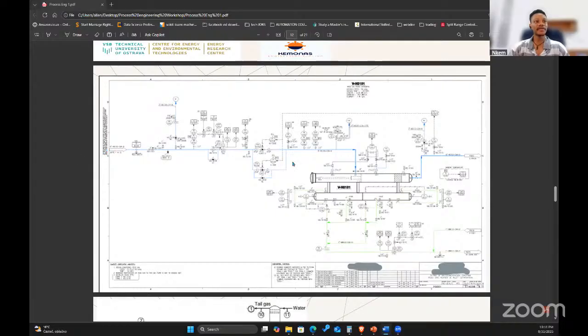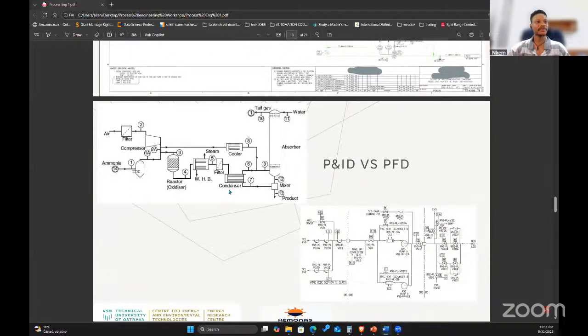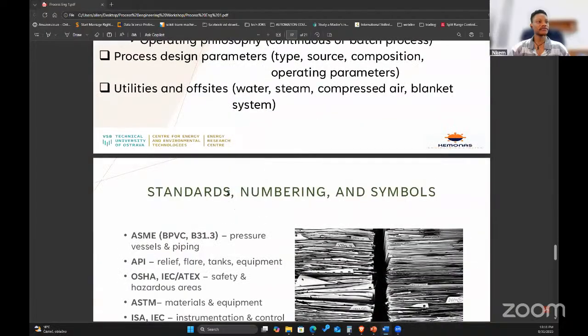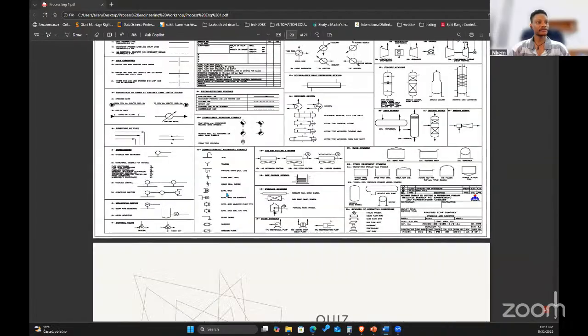There are drums, knockout drums that are going to knock out heavy fluids and moisture before it comes into this coalescing filter. Like I said before, it is a filter. So there are other equipments that will be here, but they are not the main equipment. So the moment the main equipment starts, that's the battery limit. So back to where we were.